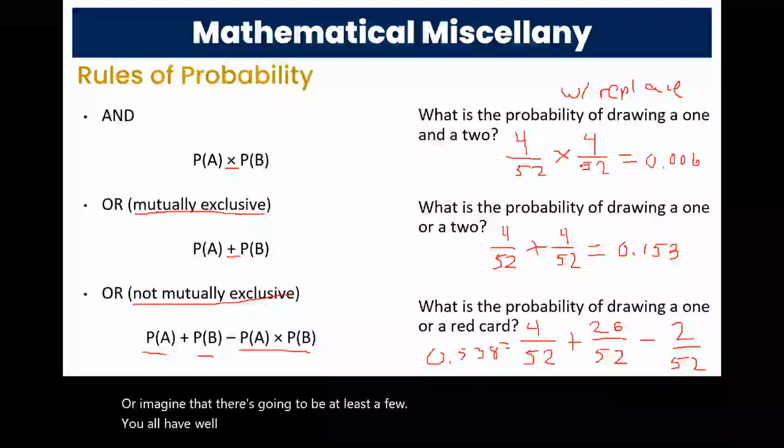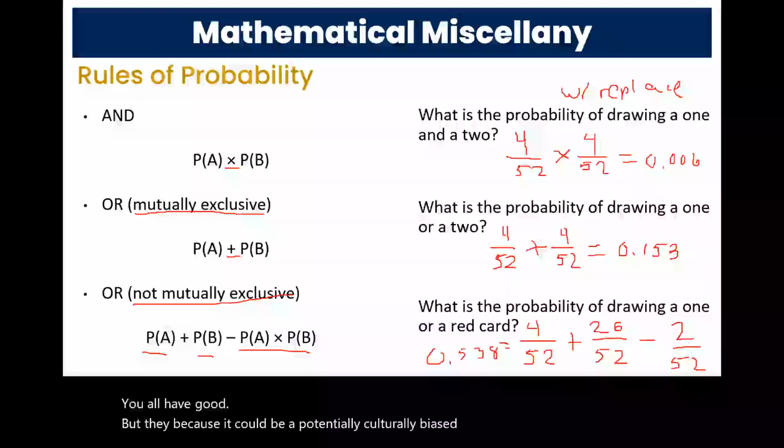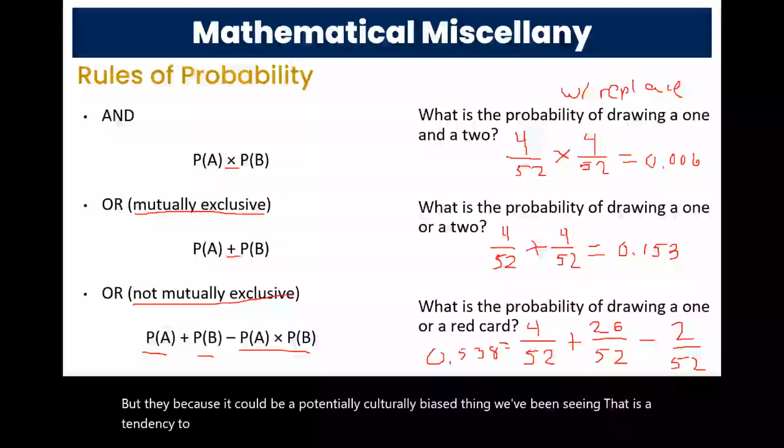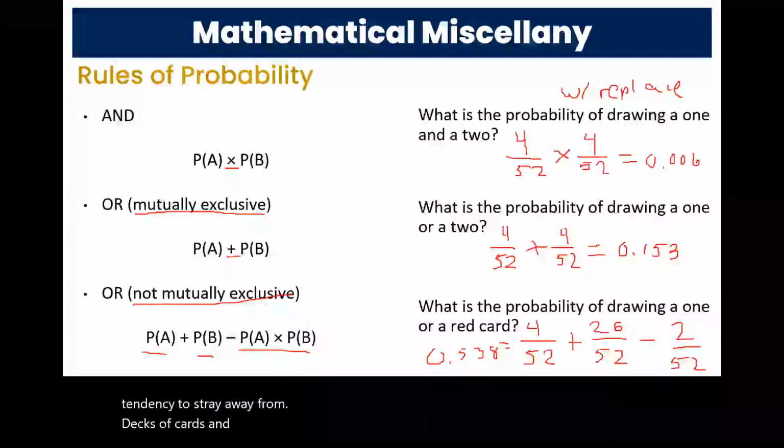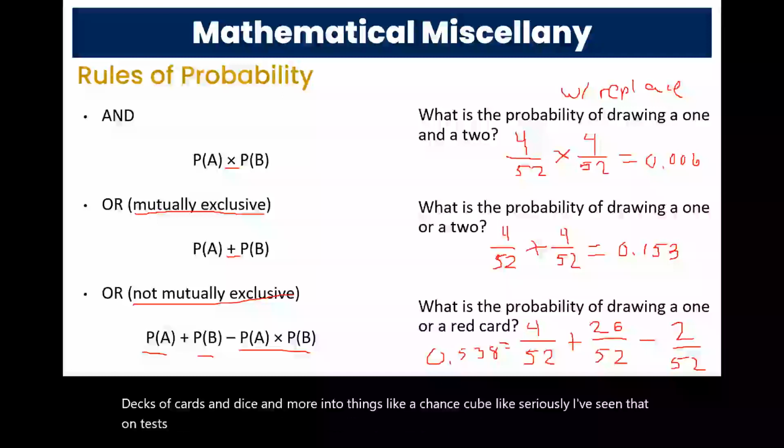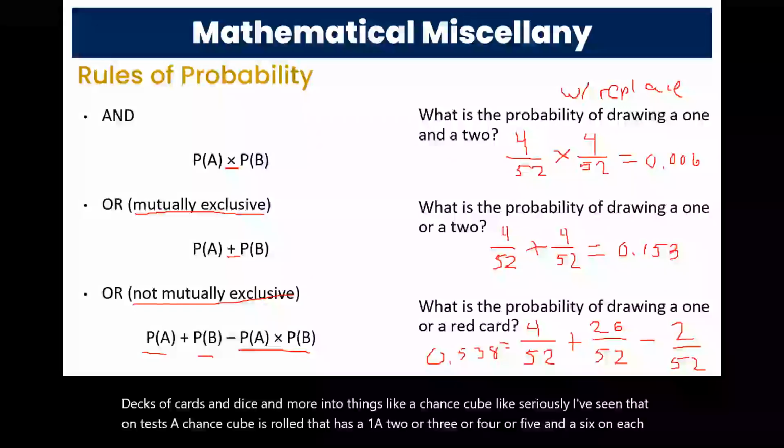But because it could be a potentially culturally biased thing, we've been seeing a tendency to stray away from decks of cards and dice and more into things like a chance cube. Like, seriously, I've seen that on tests. A chance cube is rolled that has a 1, a 2, a 3, a 4, a 5, and a 6 on each side. So they're not calling it a die.